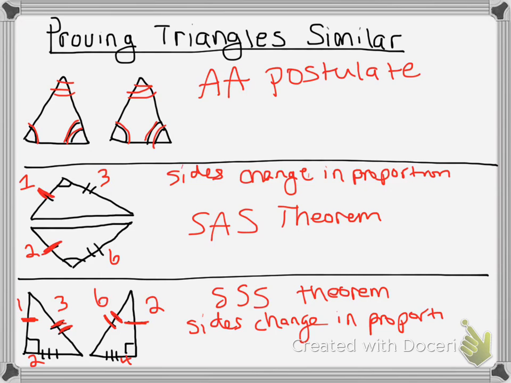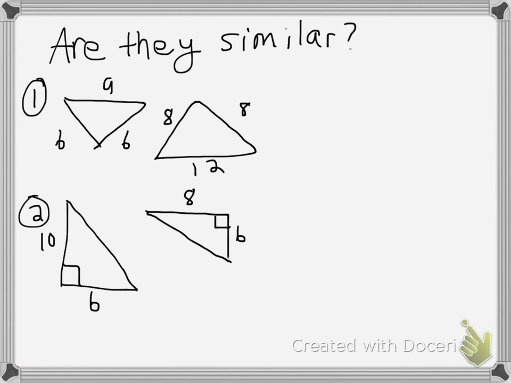So, let's look at a couple of examples. Are they similar? Look at the first set right here. You know that you have information about all three sides, but you can't look at it like we could with congruence and say, oh, they're similar by side, side, side. What we have to do is actually check to see if there is a scale factor.